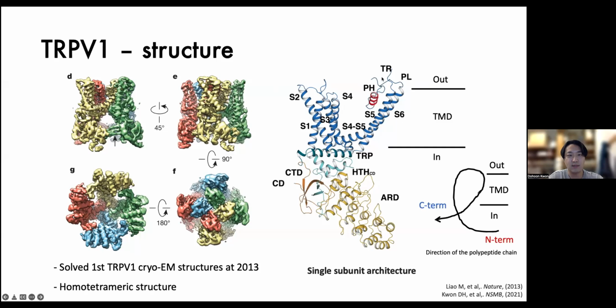These pore helix, pore loop, and S6 gate form the channel pore. The cytoplasmic domain consists of the ankyrin repeat domain, coupling domain, TRP helix, and C-terminal domain. This is the TRP helix, an interfacial helix following the S6 gate. It's a common feature among TRP channels.